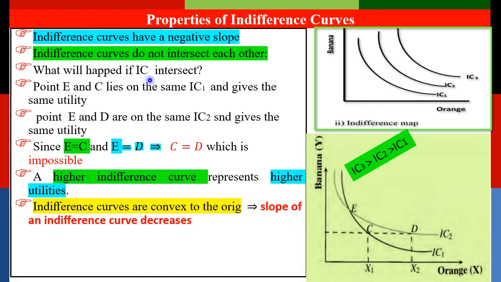What will happen if the indifference curves intersect each other? Points E and C lie on the same indifference curve and give the same utility. E and C lie on the same curve, and the consumer can get the same level of satisfaction by moving along this curve. Points E and D are on the same indifference curve too, and give the same utility.